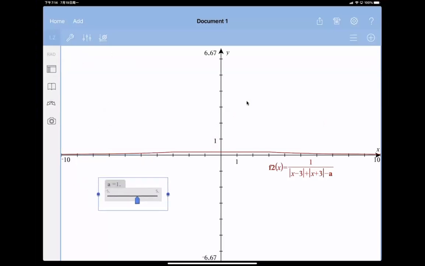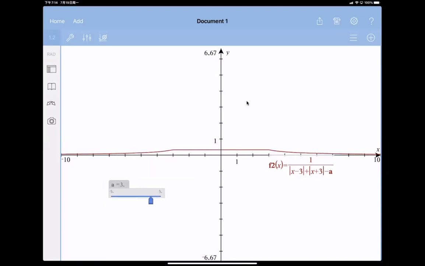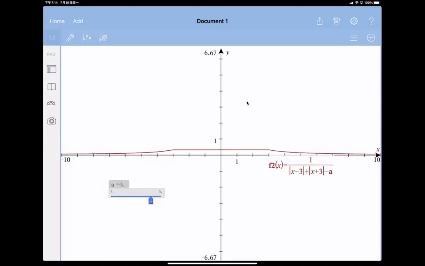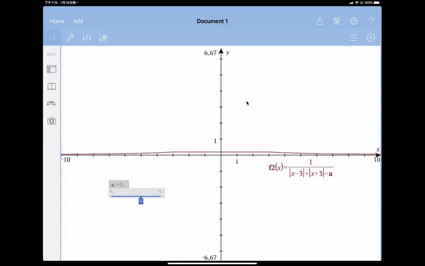So by varying the values of a, I could see the pattern of the reciprocal graph. All right, so now I can take a look at the slider here. When a equals 1, I believe the graph is asymptotic to y equals 0. So there is only one horizontal asymptote. If I change the value, let's say when a equals 5, if a equals 5, still one horizontal asymptote, maybe I should do some setting with this one.